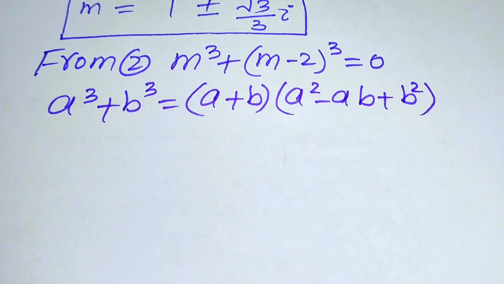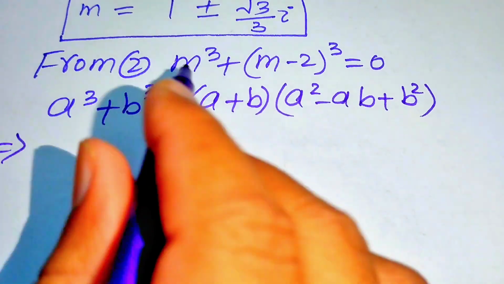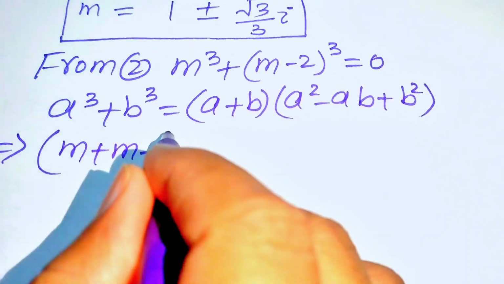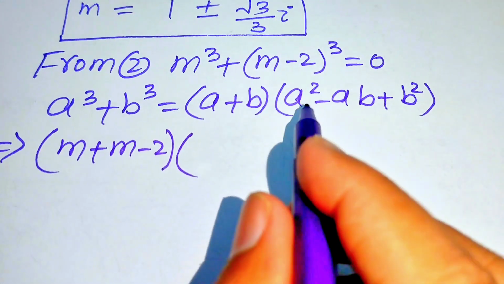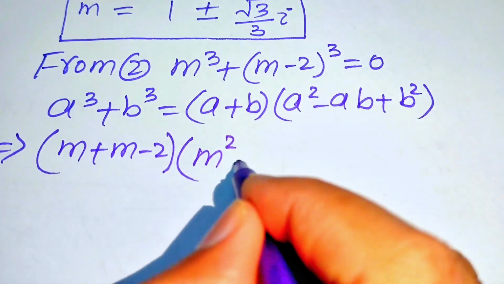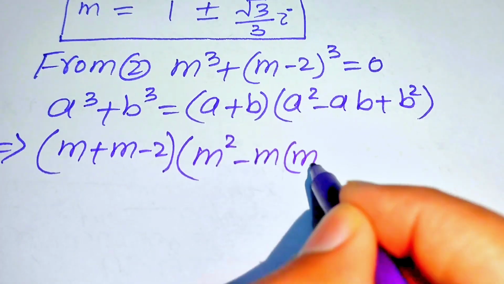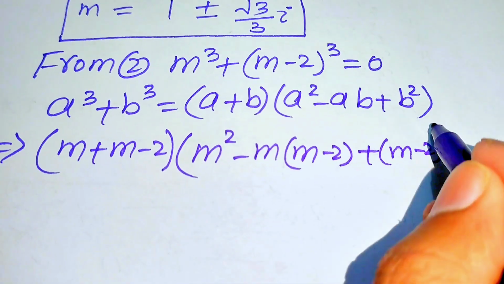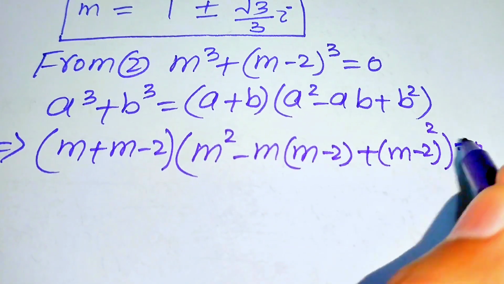So we use this nice formula on the above term. So our above term will be written as (m plus m minus 2) times (m squared minus m times (m minus 2) plus (m minus 2) squared), and it is all equal to 0.